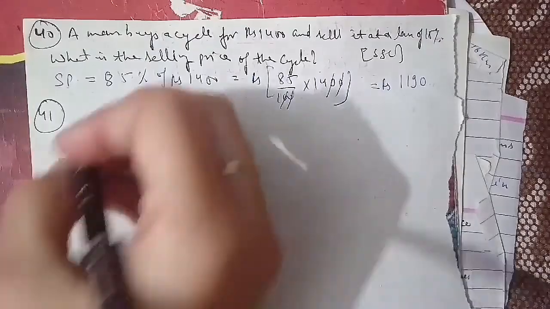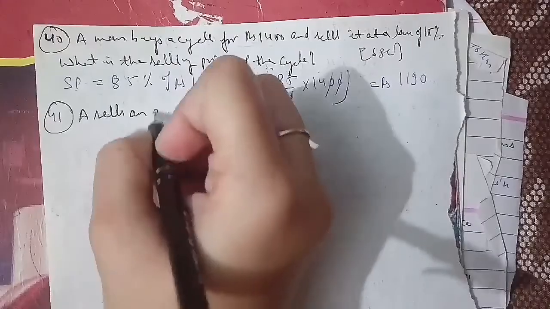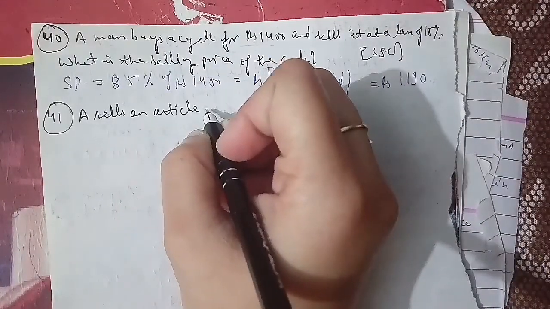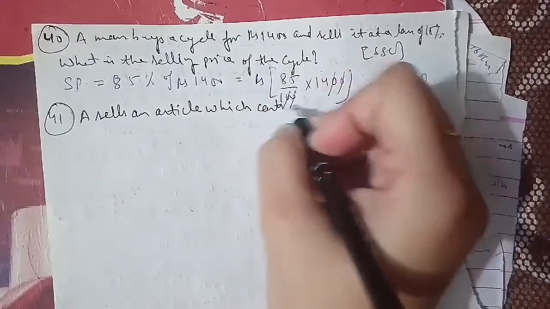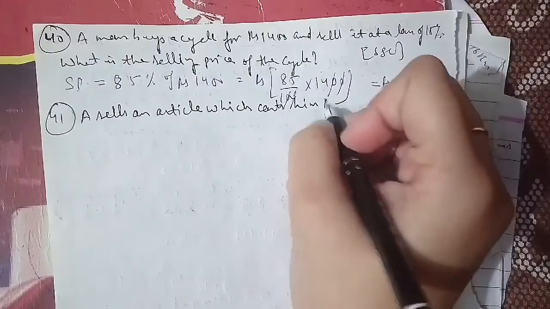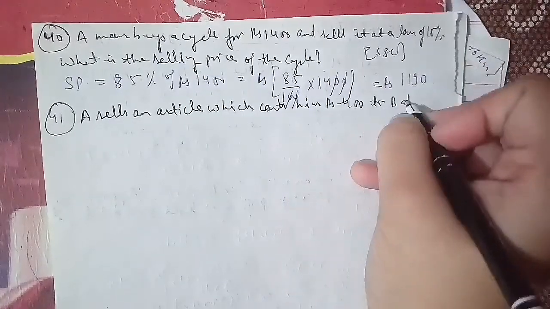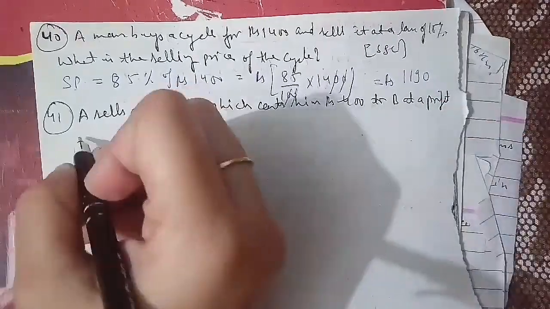So we go ahead for the same. A sells an article which cost him rupees 400 to B at a profit of 20%.